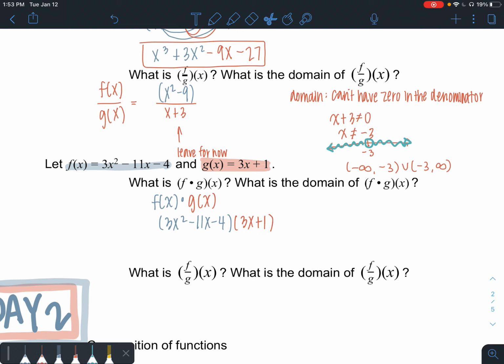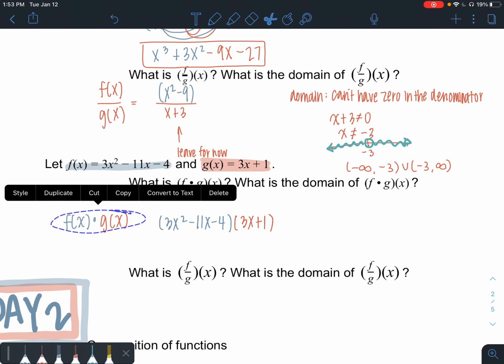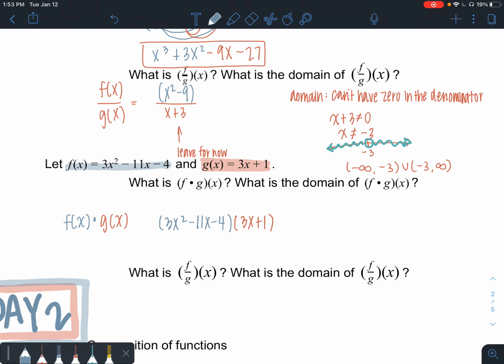I'm going to move this over here just so we can have room. So I'm going to take 3x squared times 3x times plus 1. So that's going to be 9x to the third plus 3x squared.